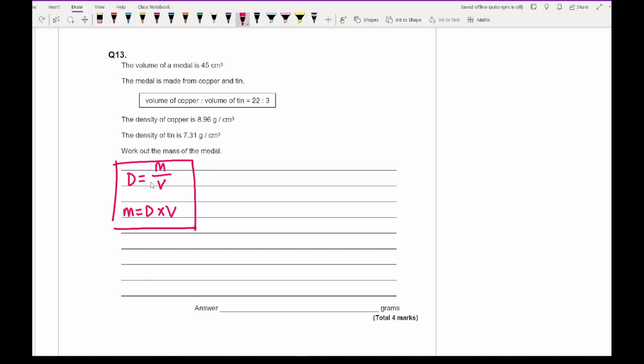Now the next thing I need to do is first of all work out the volume of the copper and the volume of tin. For this I'm going to share 45 in the ratio of 22:3. So 45 divided by 25 equals, and that gives me 9/5. So then here I've got 22:3.